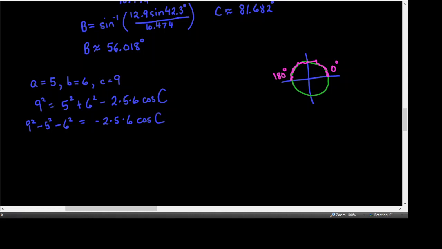Now, in order to get cosine of C by itself, the next thing I'm going to do is divide both sides by whatever is multiplied by cosine of C, namely negative 2 times 5 times 6.